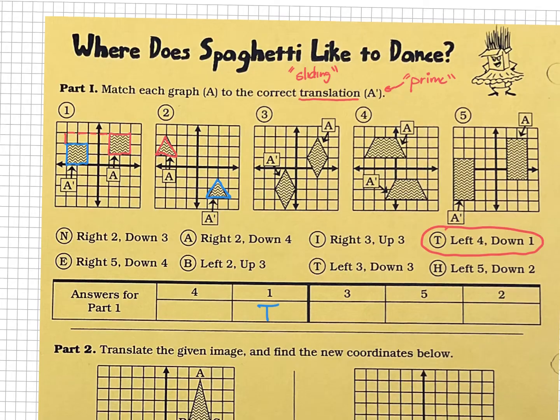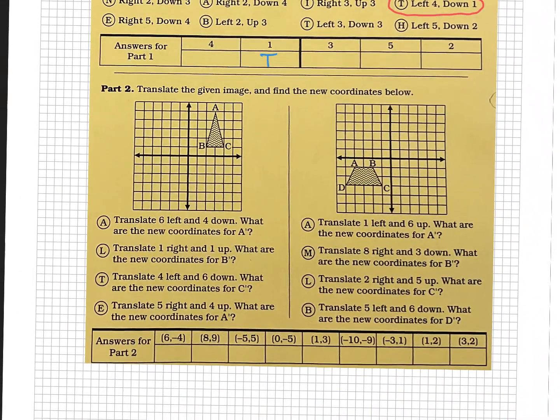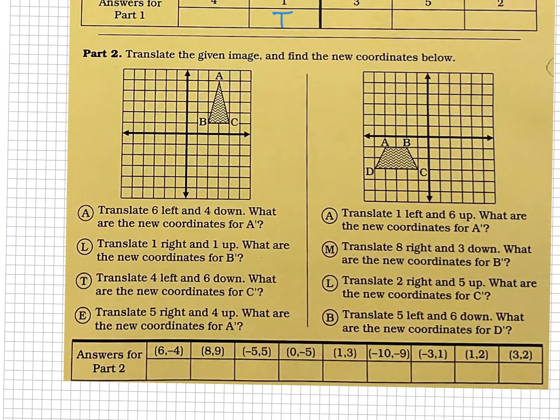Okay. Part 2 says translate the given image and find the new coordinates below. It says translate 6 left and 4 down. What are the new coordinates for A prime? I'm only paying attention to the A right now. I could do the whole shape, but it asks where A is moving to.